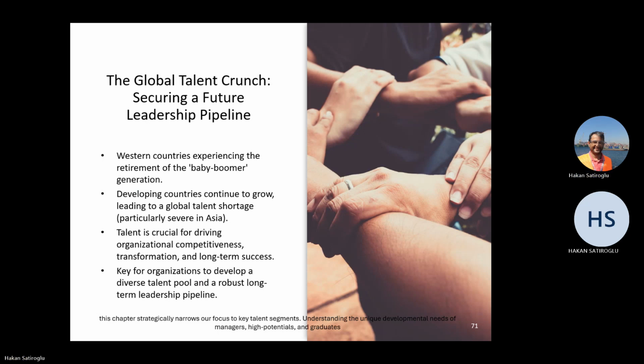Talent is crucial for driving organizational competitiveness, transformation and long-term success, because these talents bring organizations stimulus and momentum. It is key for organizations to develop a diverse talent pool and a robust long-term leadership pipeline.